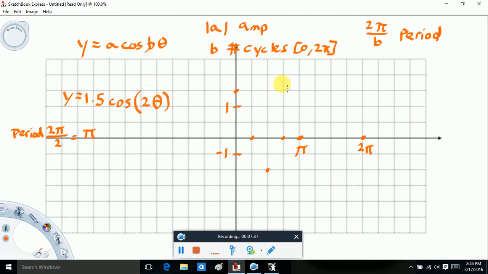And then, oh, made a mistake here. This is supposed to be negative 1. This is negative 1.5. This is a half, negative a half, negative 1, negative 1.5. And then after one complete cycle, it goes back up to its max. So max, 0, min, 0, max.